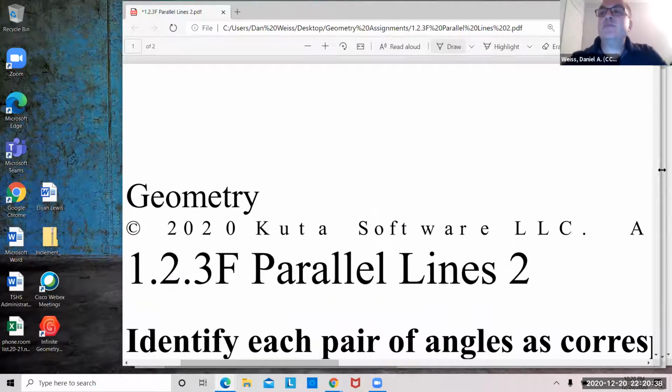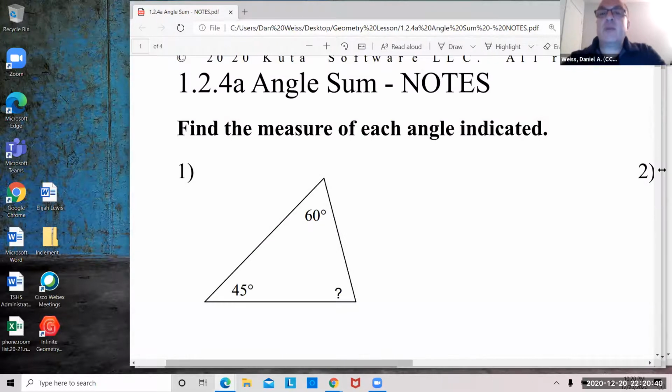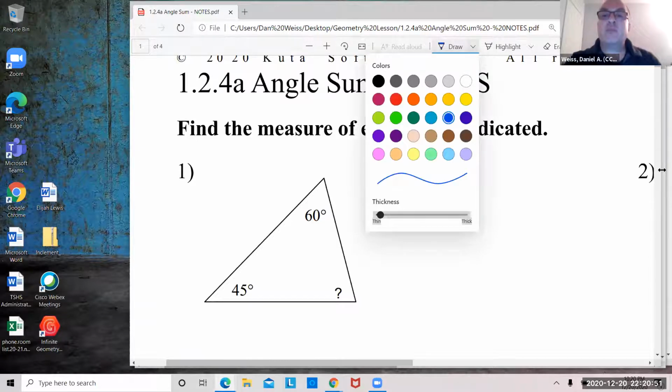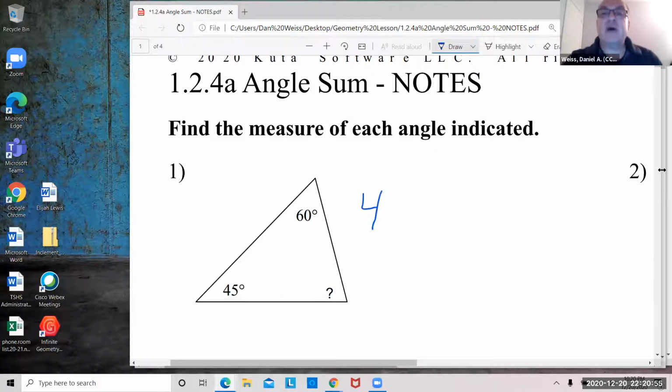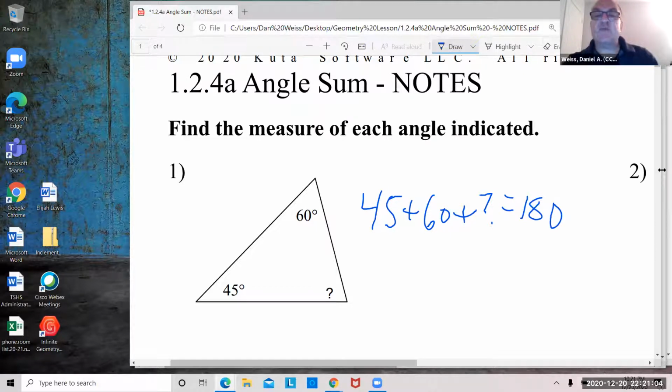Parallel lines. Okay. Angle sum. The three angles of a triangle add up to 180. So 45 plus 60 plus question mark equals 180. 45 plus 60 is 105. 105 plus question mark equals 180.